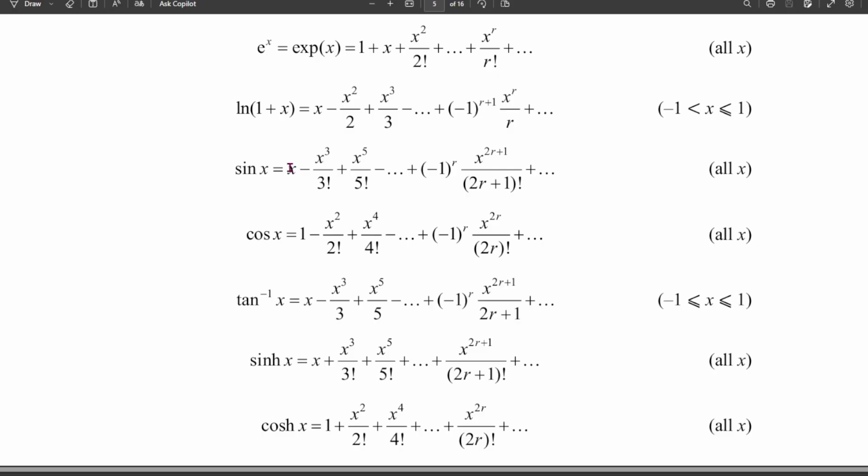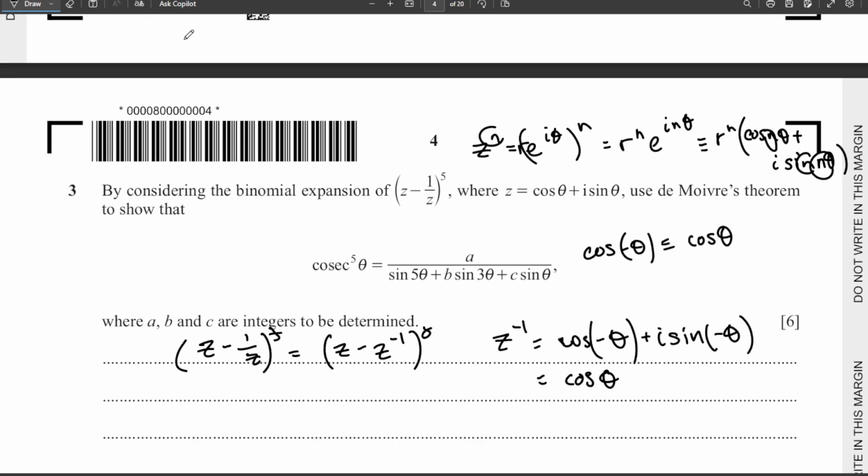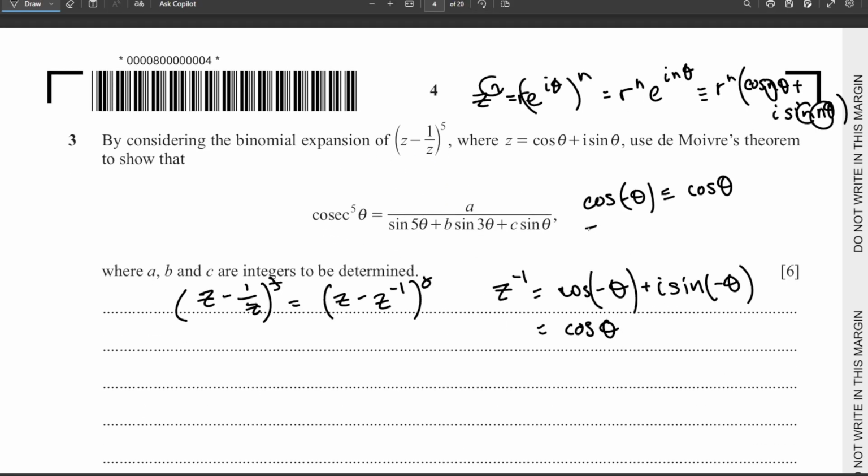So negative theta to the power 1, negative theta cubed, and so on. So we can bring the negative out of the sine function: we have negative I sine theta.